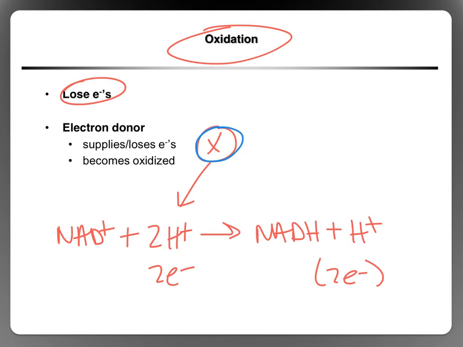So in this example, X lost electrons. X was the electron donor. X gave its electrons and hydrogens to NAD. NAD was reduced.